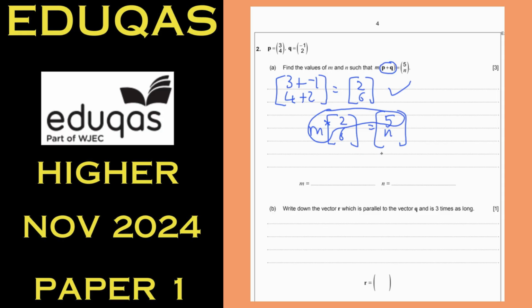What do we multiply by 2 to get 5? Work backwards. 5 divided by 2. And to find n, we need to do our newly discovered 2.5 times 6 gives us n. Answer 15.